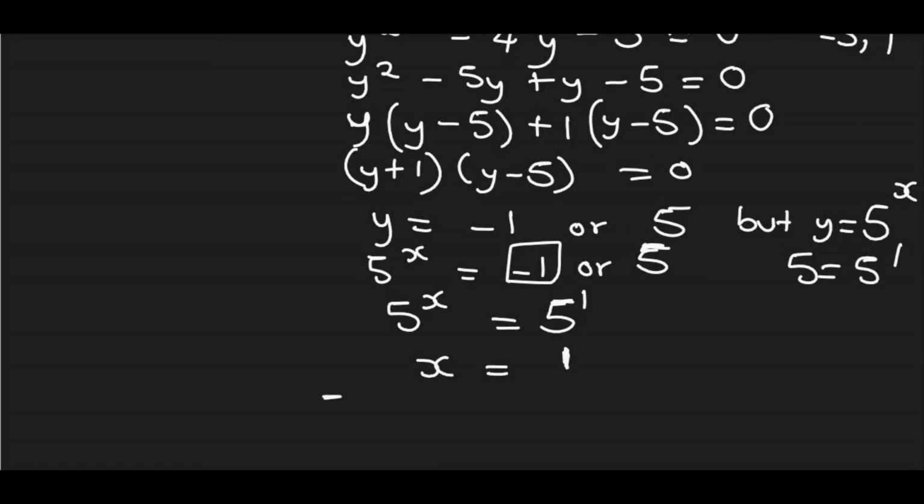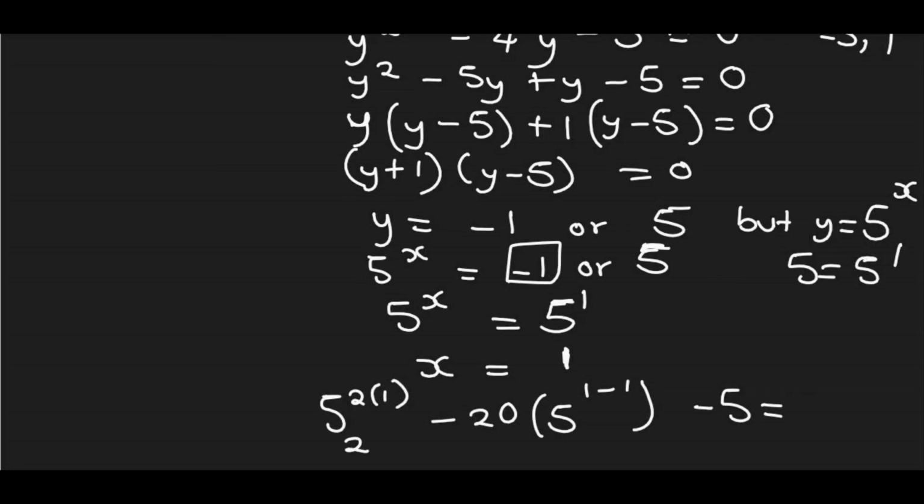So 5 to the 2 into 1, minus 20 into 5 to the power of 1 minus 1, bracket, minus 5. 5 to the 2 is 25, minus, here we get a 0, so that's minus 20, minus 5, is equal to 0. So our answer is correct.